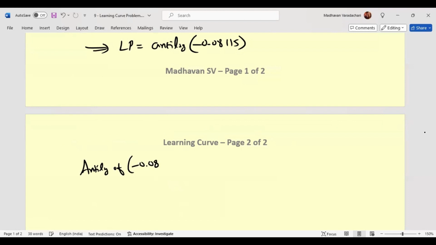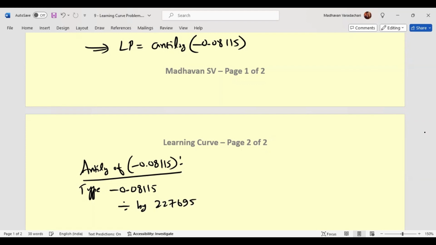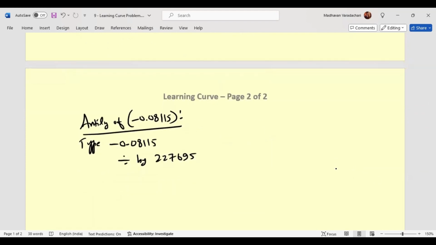Using a regular calculator, first type this number, and then divide by 227695. Whatever result you get, add that to 1. You get finally 0.9999996.